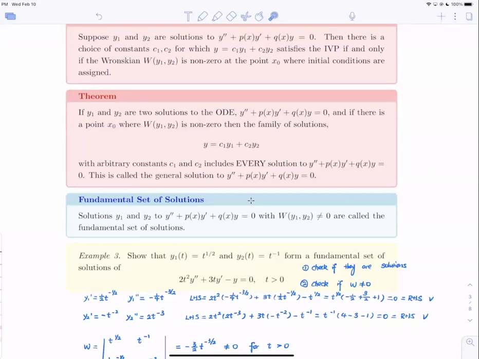They ask you to verify our solutions to the ODE and if their Wronskian is non-zero. Yeah, so we just need to plug them back in and then compute their Wronskian.